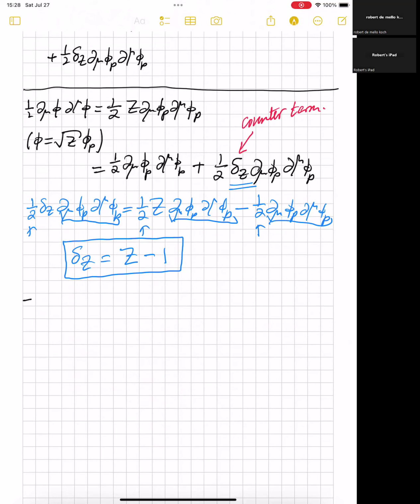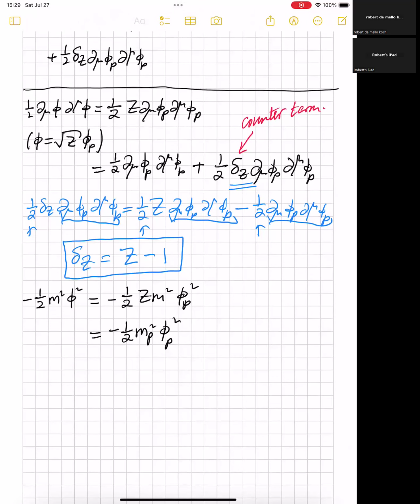The mass term is minus 1/2 m squared phi squared. So the first thing that we can do, let's express this in terms of the physical field. So it'll be minus 1/2 z m squared phi physical squared. But then I would like to express this as minus 1/2 m physical squared, phi physical squared.